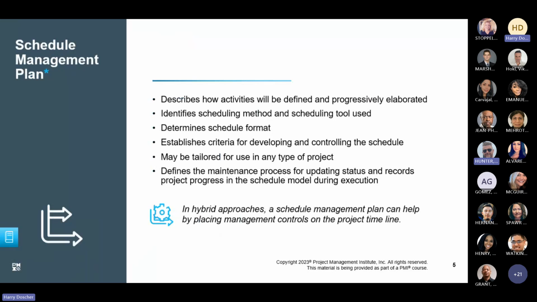Schedule management plan, as you can see here, remember this, that it is for predictive projects. All right. Components: description of how activities are going to be defined and progressively elaborated.